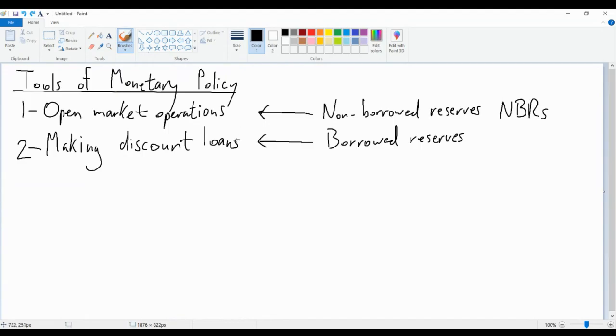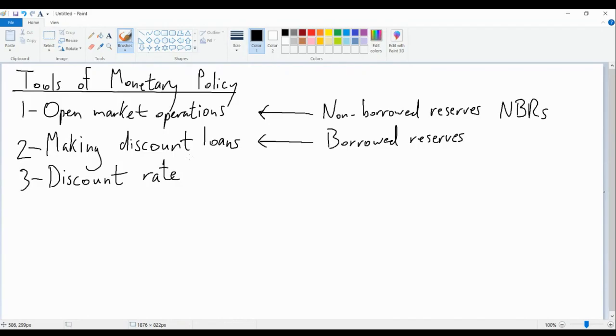Notice that as well as having the ability to make discount loans, the Fed also chooses interest rates that banks have to pay on those loans. And that's different, of course, right? Choosing whether to allow banks to borrow is one thing, and choosing their price is another.